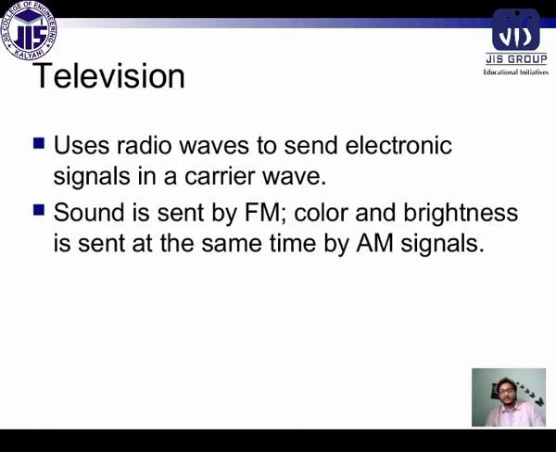So if we shift our concentration from radio to television, television uses both the amplitude modulation technique and the frequency modulation technique. The transmission of the sound is based on frequency modulation, and the transmission of color and brightness, meaning the pictures that we can see on our television, is sent using amplitude modulation.